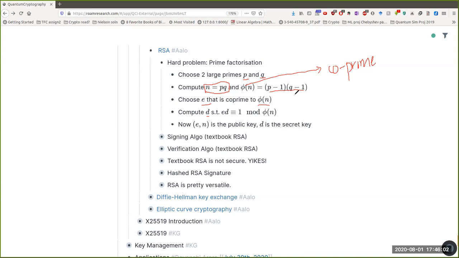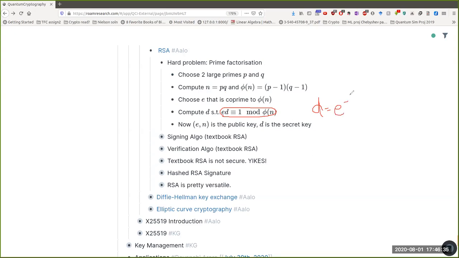I'll say this first: n and E are your public key, D is your secret key. To make things simpler, basically I'm saying that ED is congruent to 1 modulo phi of n, or you could just say that D is E inverse.